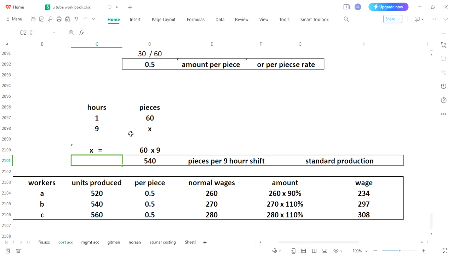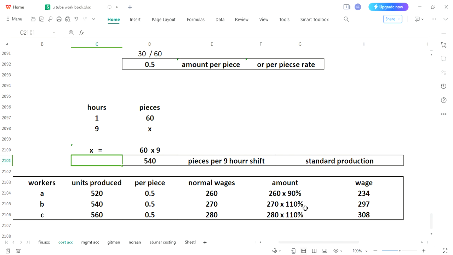Instead of complicating it, we used the unitary method, which we studied in third and fourth standard classes, and decided that 540 units are the standard production for 9 hours. With this it becomes very easy to decide that worker A produced less, while B and C have achieved the target. Worker A is given 90%, B and C are given 110%.